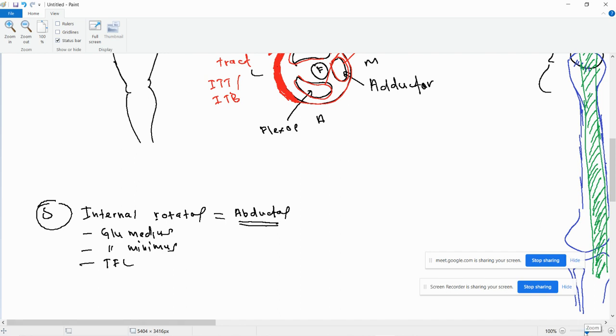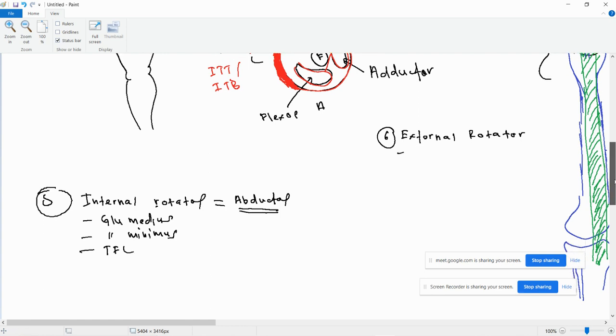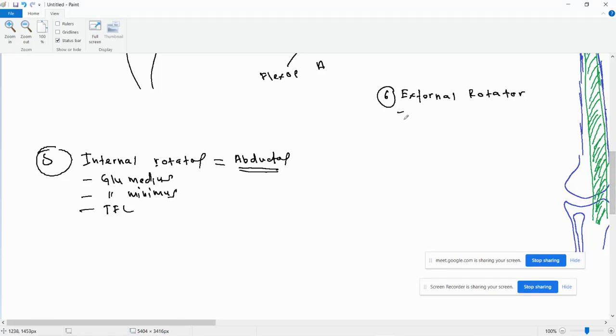Okay. The last group, before we finish, basically we call external rotator muscles. Okay, external rotator muscle. In terms of external rotator, class, the first muscle that you should know, responsible for external rotation of the hip, is absolutely your gluteus maximus.